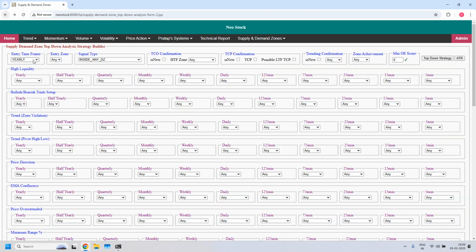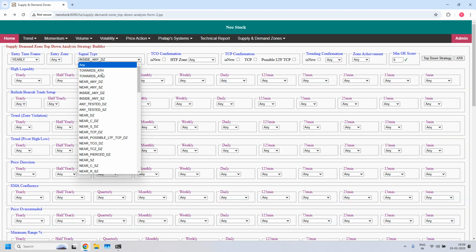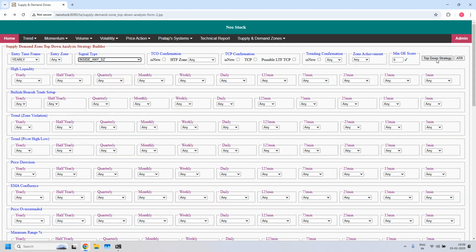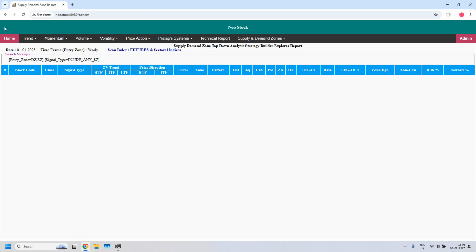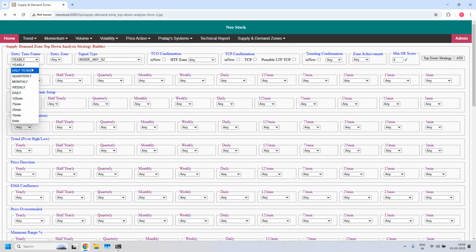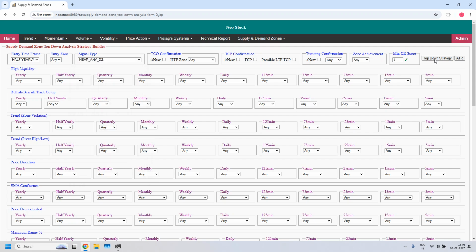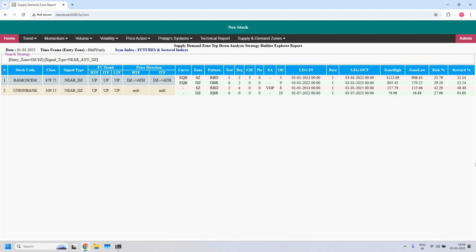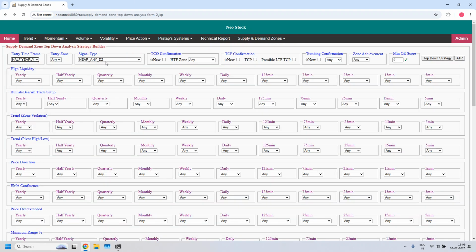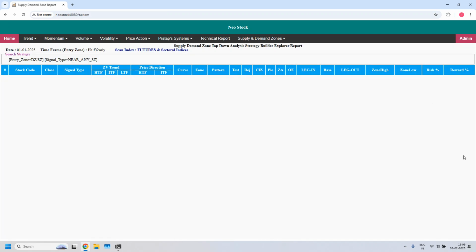Okay, next, half yearly time frame. Price closed inside the yearly supply zone, we don't have any stocks. Next time frame is half yearly. Stocks near half yearly demand zone, 2 stocks are filtered. Next, stocks near half yearly supply zone, we don't have any stocks.